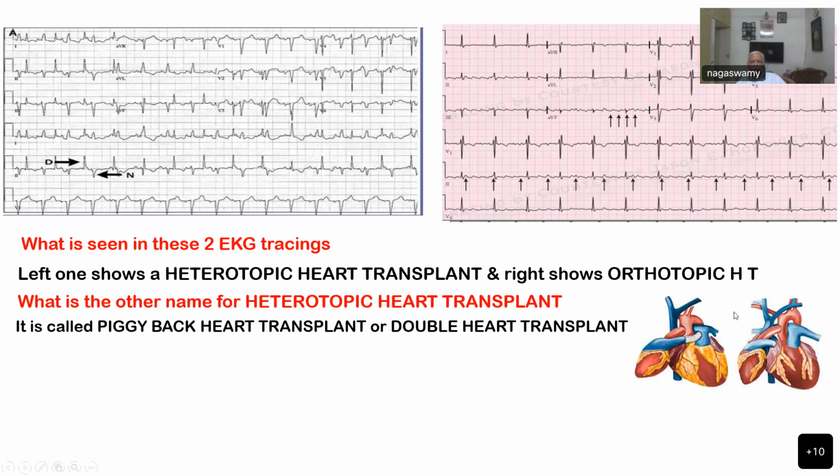Whereas in the orthotopic, you clamp the aorta and pulmonary artery and then cut out the diseased heart and then fix all the vessels of the donor heart, aorta, pulmonary artery, and all that. So there will be only one heart left in an orthotopic heart transplant. Whereas a patient who undergoes heterotopic heart transplant will have two hearts.